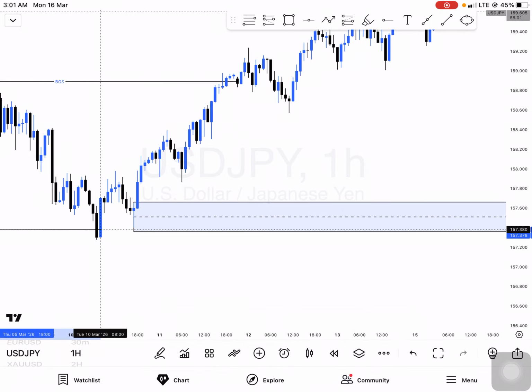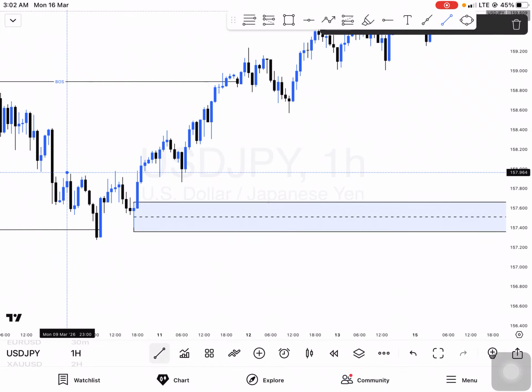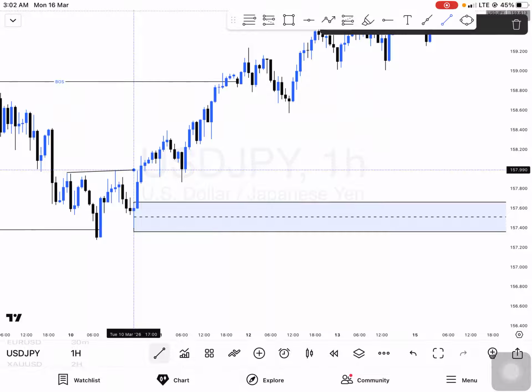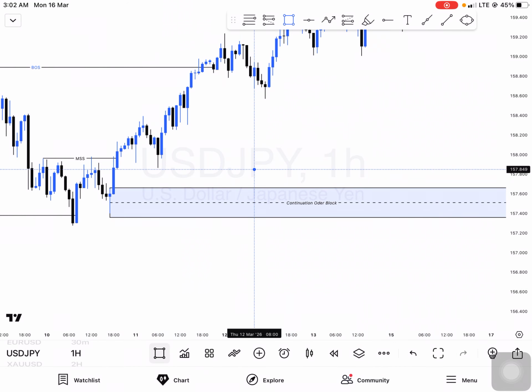After this sweep of liquidity, the market broke these internal structures and gave us that order block, that continuation order block with a fair value gap.